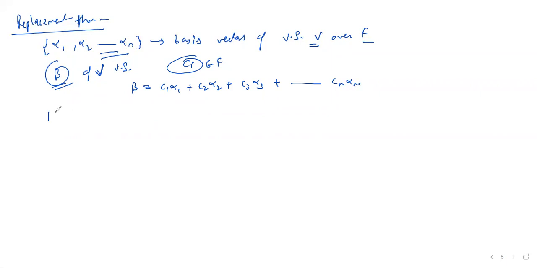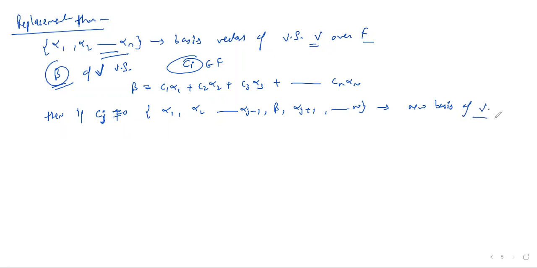Then the replacement theorem says that if any scalar, let's say Cj, is not equal to 0, then alpha 1, alpha 2 up to alpha j minus 1, beta, alpha j plus 1 up to alpha n is our new basis of V.